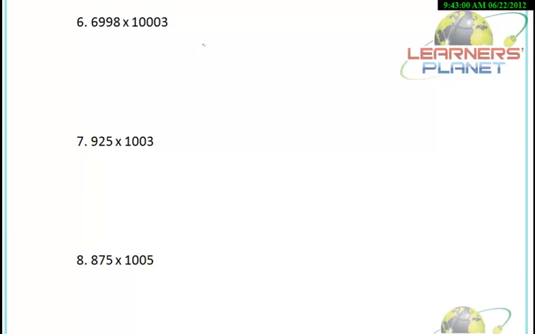Now, it's again a very big number. It's 6998 into 10,003. Now we have to choose the base as 10,000. Now 6998, that is around 7,000, so it will be 3,002 less than 10,000.